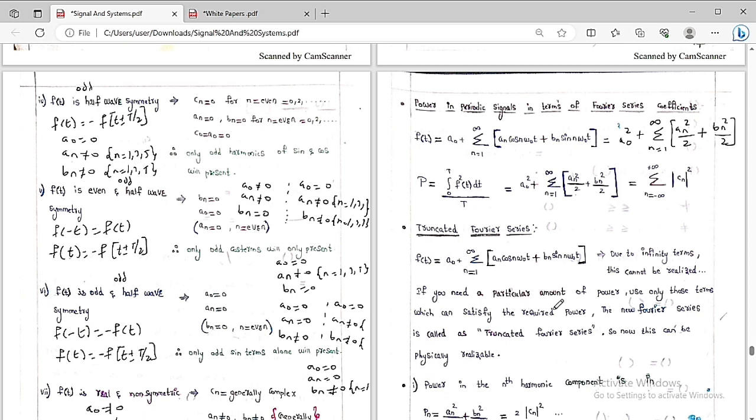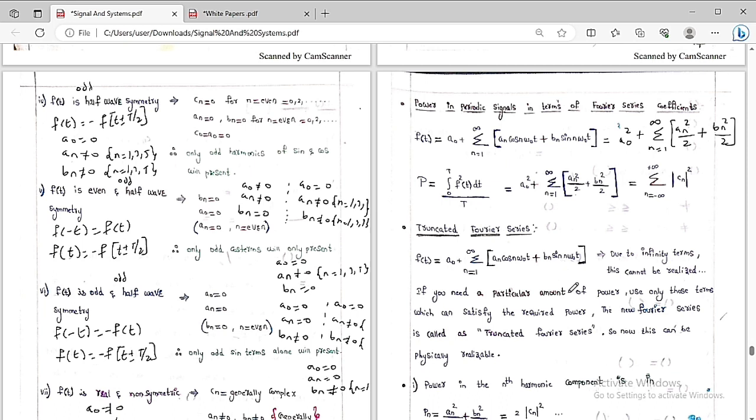If you need a particular amount of power, use only those terms which can satisfy the required power. This new Fourier series is called the truncated Fourier series, and now this can be physically realizable. In simple words, in this Fourier series you have an infinite number of terms, which cannot be realized practically.